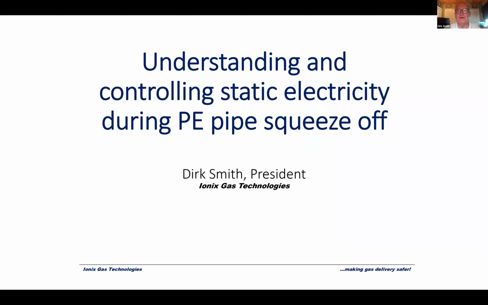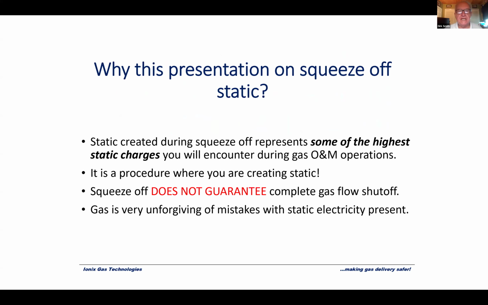Well, some of you may be wondering, why in the world did James and I get together to talk about squeeze-off tools and controlling static electricity in squeeze-off? The reason is because in your squeeze-off operations, you create some of the highest static charges that you will find in O&M operations.